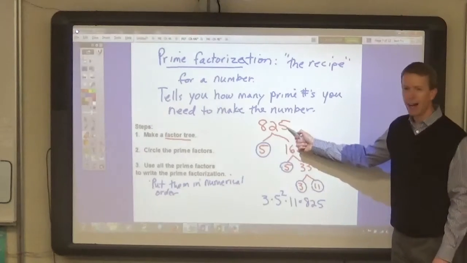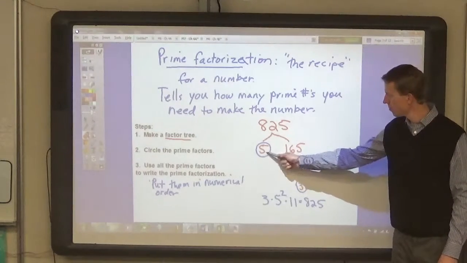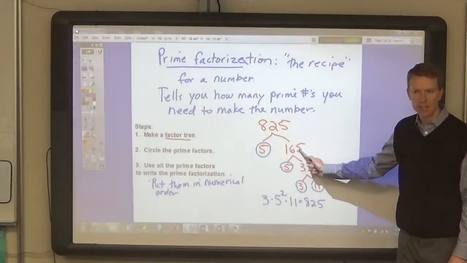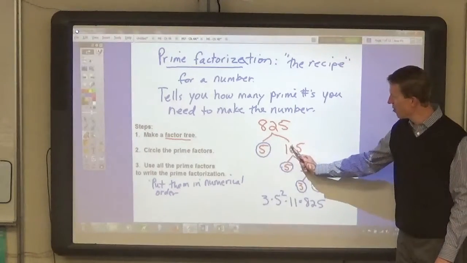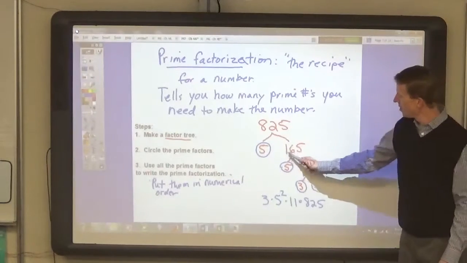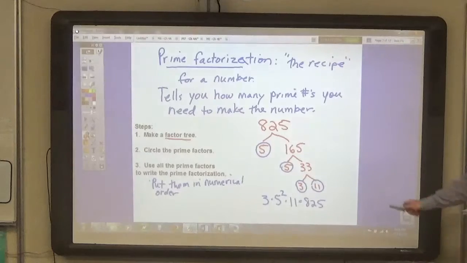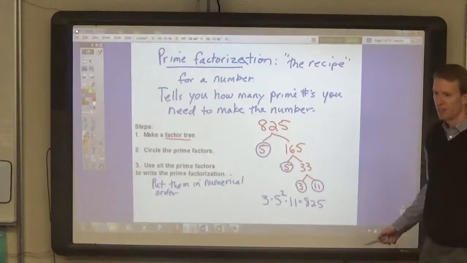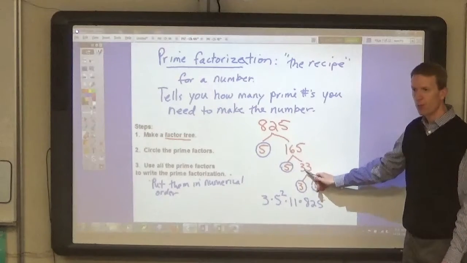We know it ends in 5, so that's a prime number that goes into it. 5 times 165 is a way of making 825. But then 165 has prime numbers in it. It has 5 in it again. So if we factor out the 5, we're left with 33.